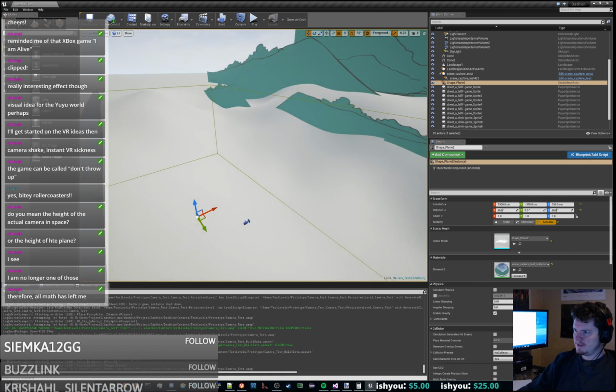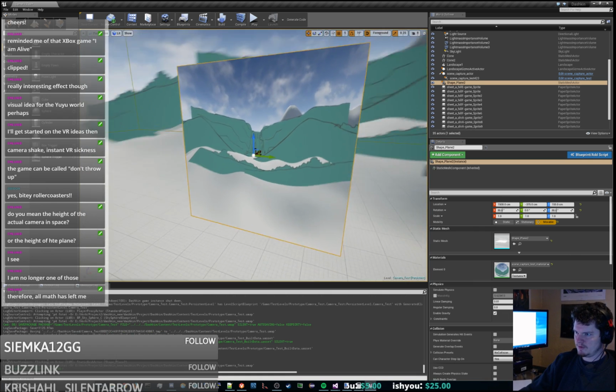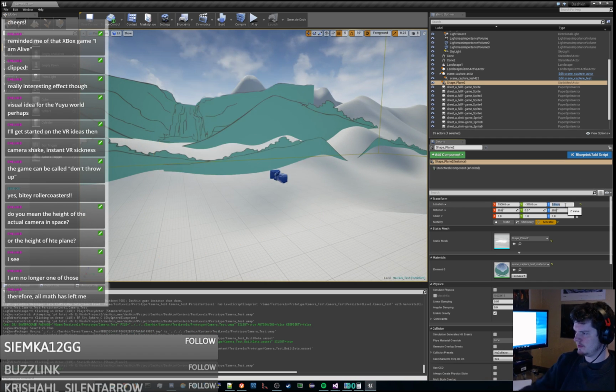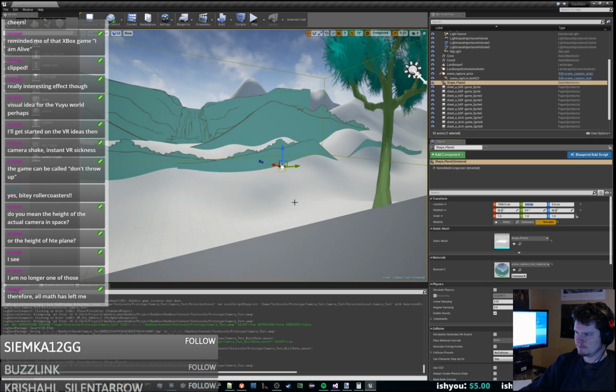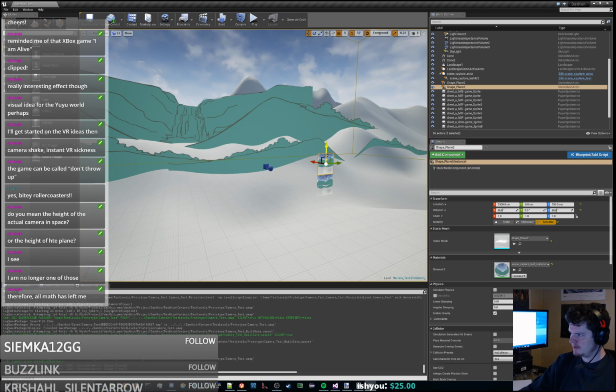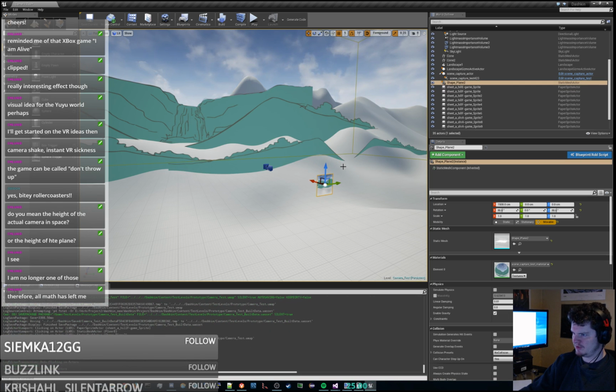The question is, how big is this thing when it is 1 by 1 scale? If we put it at 0, 0, and drag it up, it is 1 unit. It is 1 tall.